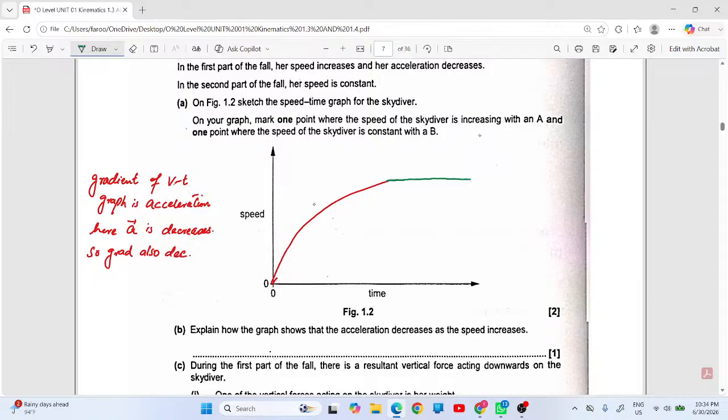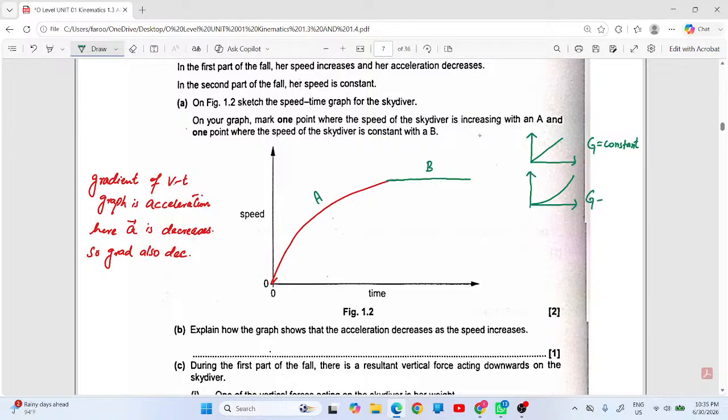So initially the speed is at A, and at this point here the speed is constant. Any confusion? नो सर. Whenever the graph is in this way, it means gradient is constant. And if the graph having a shape like this, मतलब आपको शेप से ही पता चल जाए कि इसमें हो क्या रहा है.